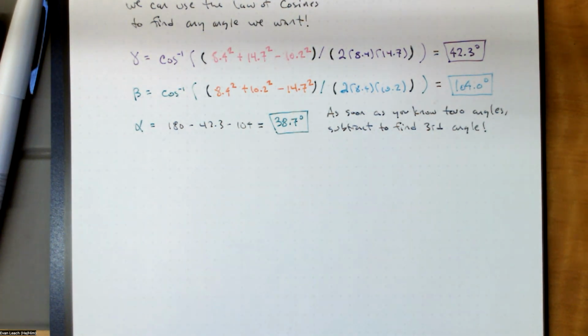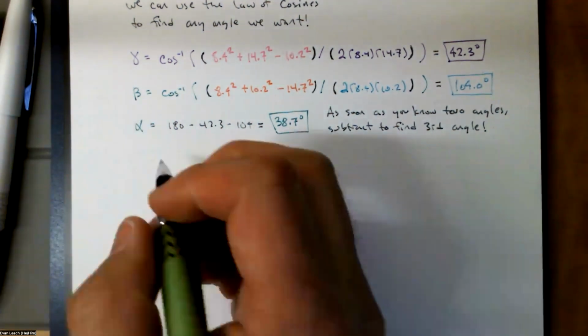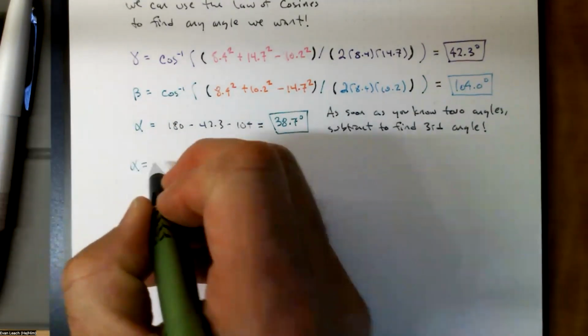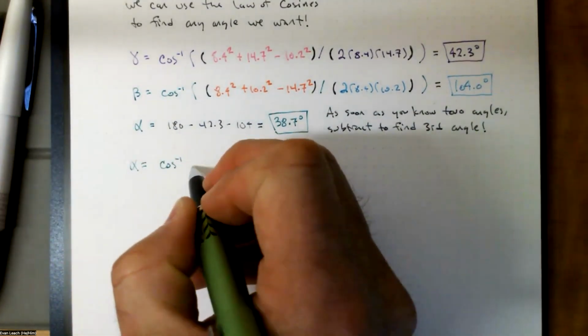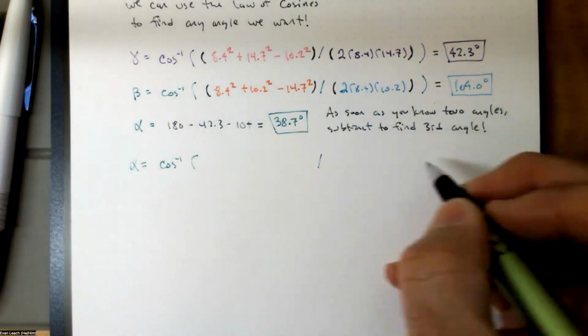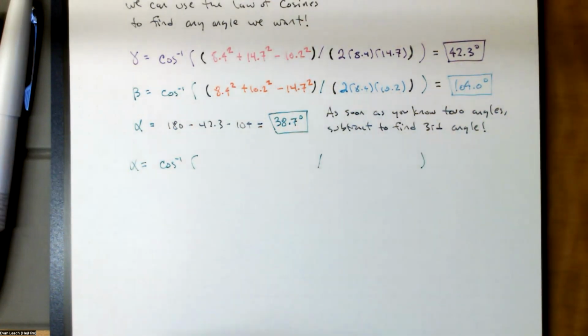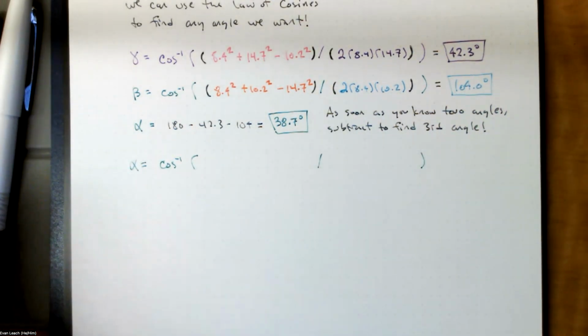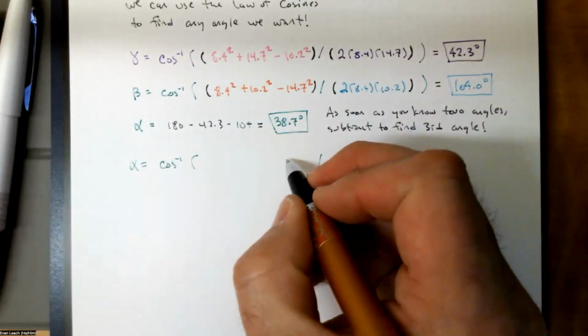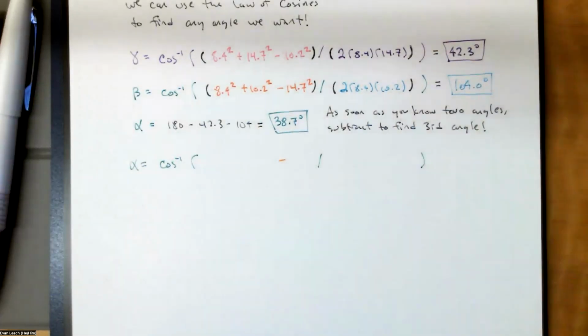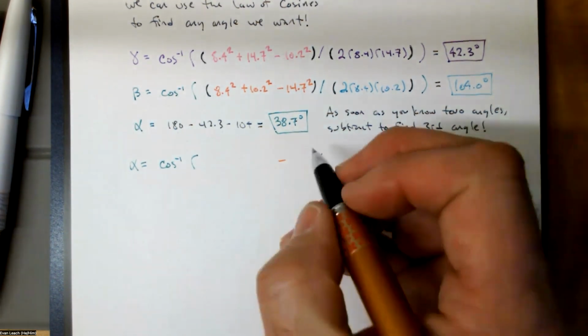But we know that we can use the law of cosines to find any of the angles that we want. And if we're going to use the law of cosines to find alpha, then a is going to be the negative squared in the numerator.